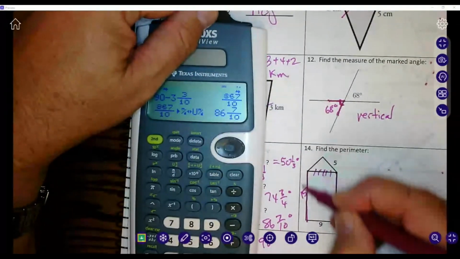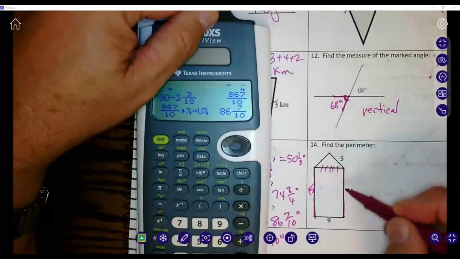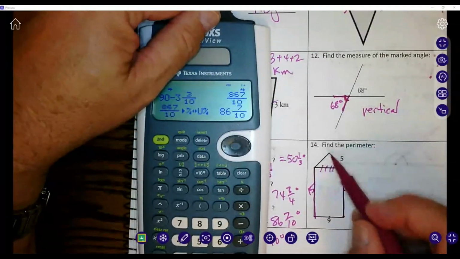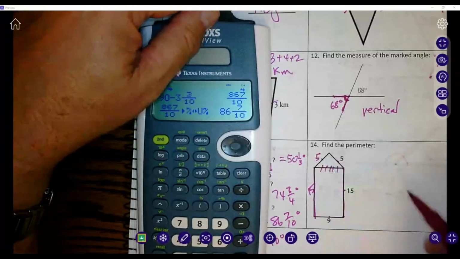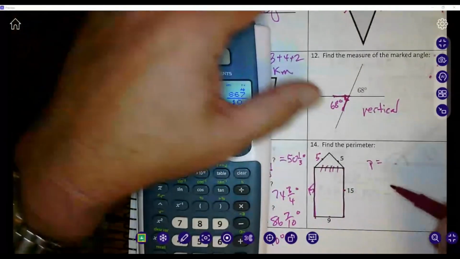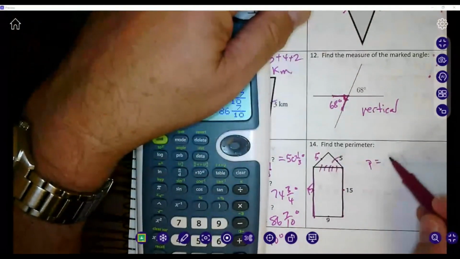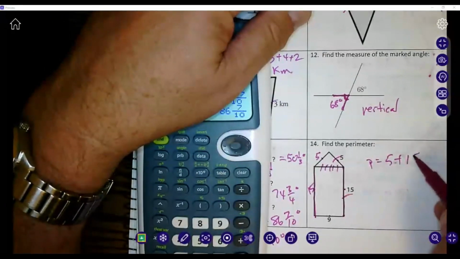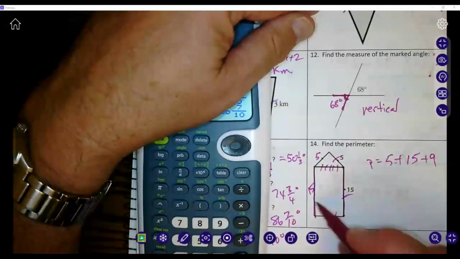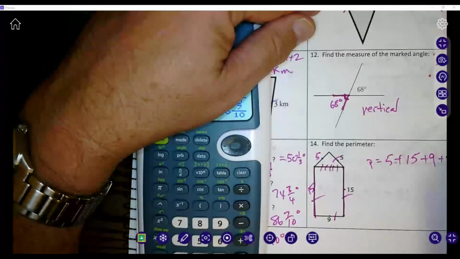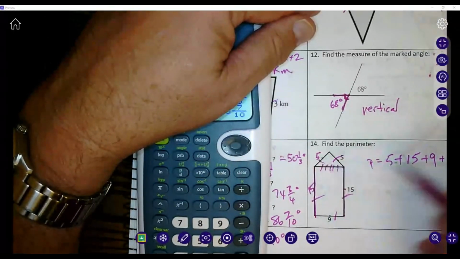Perimeter means go around the outside. So we know this one, this one, this one, this one, but we don't know this one. It's the same as this side, so that is 5. So now our perimeter is 5 plus 15. And I'm doing the same thing that Math with Mr. J does. Mark off the side so I know I've included it.